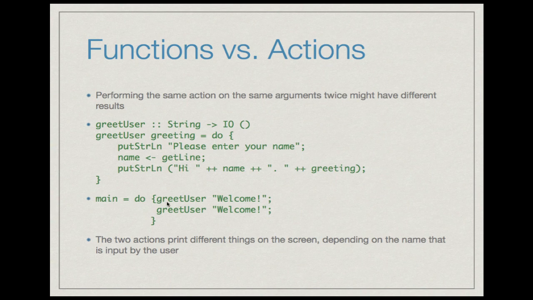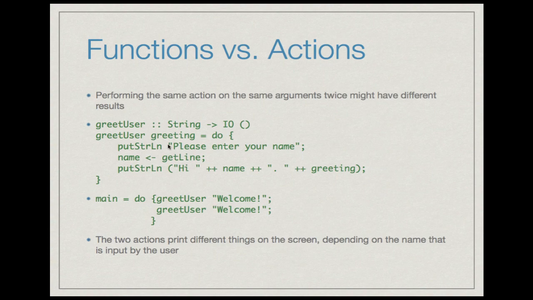In main, we can do the following: greetUser "welcome", greetUser "welcome". You see that the greetUser function is being called with the exact same argument twice, but the two actions might print different things on the screen depending on the name that is input by the user at this point, because the greetUser action itself has a way to get input from the user and type the input back to the user, namely the user's name.